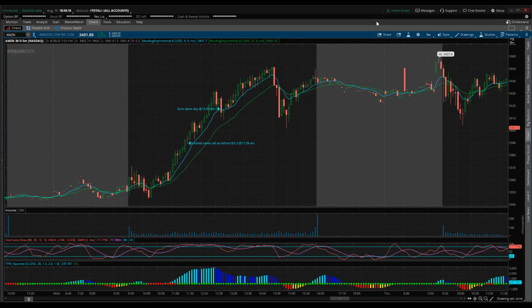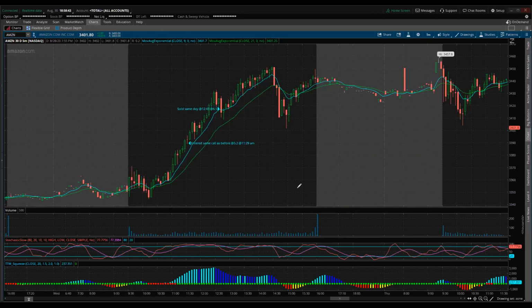So I don't trade those first 30 minutes. I'm always looking to take trades at 10 o'clock, because that's when the volume dies down and it's easier to get into positions because you're not going to get faked out. You're not going to see big pumps or big dumps.